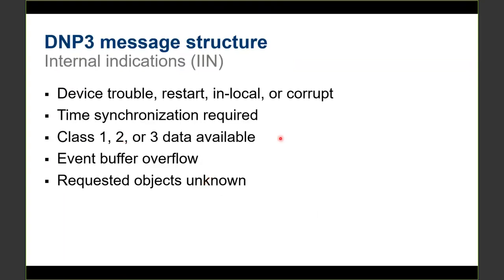Typically, in the master station there is an option to respond to these internal indication requests automatically or not. For example, in our device 3530, we can set up whether, when the device is a master station, it will respond automatically to this internal indication. When we see this internal indication in a communication capture, this really helps a lot for troubleshooting, so keep this in mind.